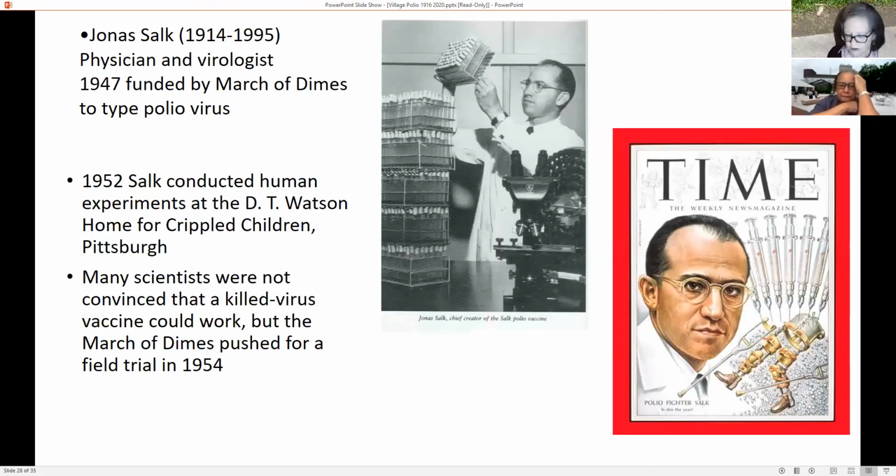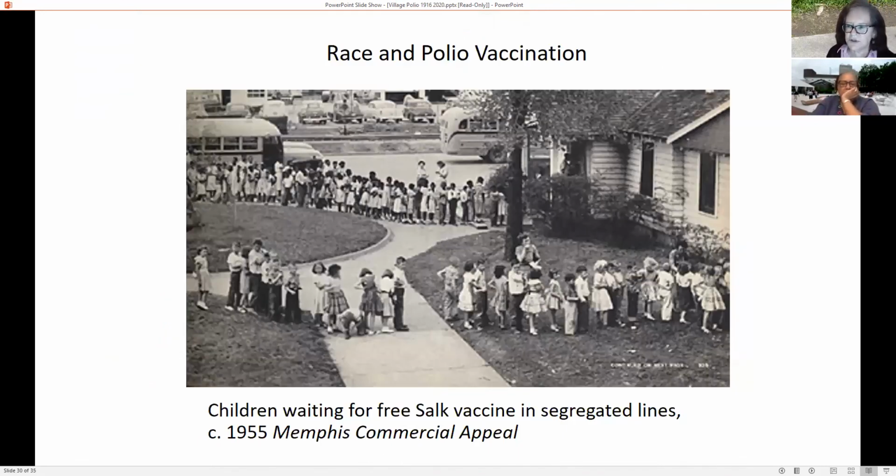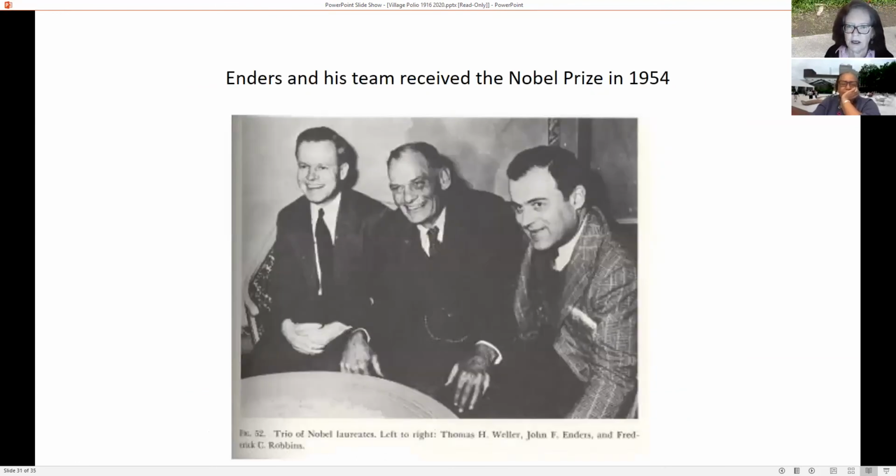Jonas Salk developed the first polio vaccine, which was tested by the March of Dimes. It was tested in schools, on both African-American and white children, but they had to enter the schools in separate doors, as you can see here.